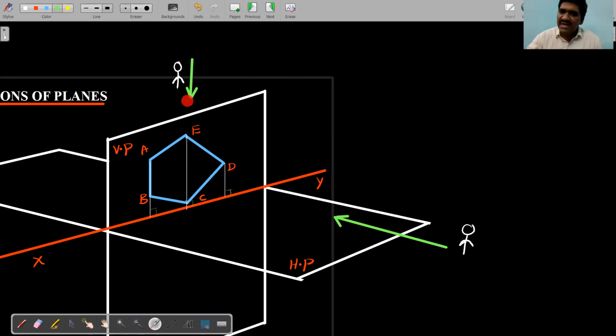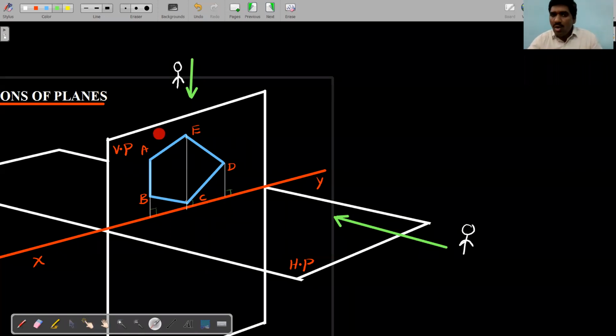If you look from above, A is visible, E is visible, D is visible, but C is not visible. Why is C not visible? Because C is below E. Since C is below E, you cannot see this C. At the same time, B is below A, so A is visible but B is invisible.